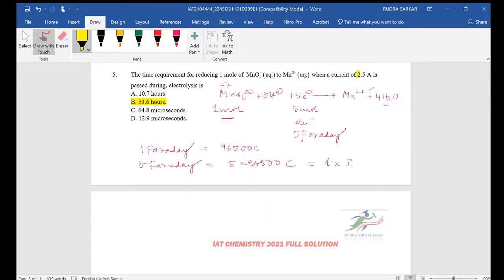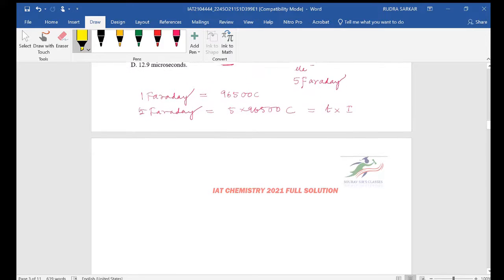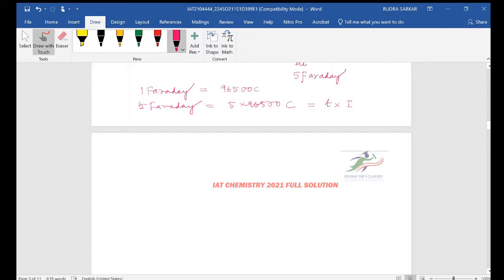What is that? 2.5 amperes. And we have to find out time now. So what we will do, we will write time, that is 5 into 96500 divided by 2.5 amperes.